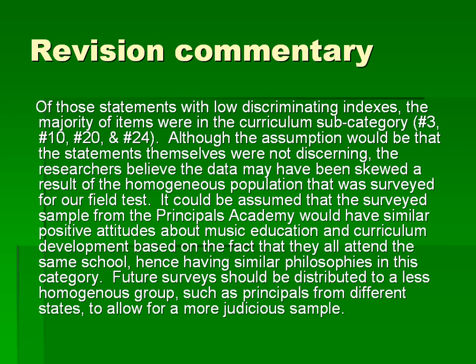So maybe we'd be more successful if we used some external criteria. That is, we gave the attitude scales to principals in schools that don't have much art, and to other principals in schools that had a lot of art, and maybe the discrimination would be better for that population.